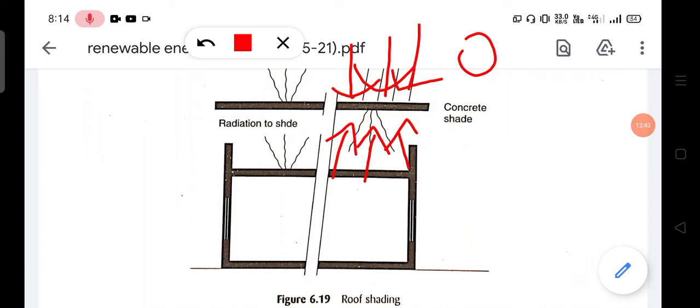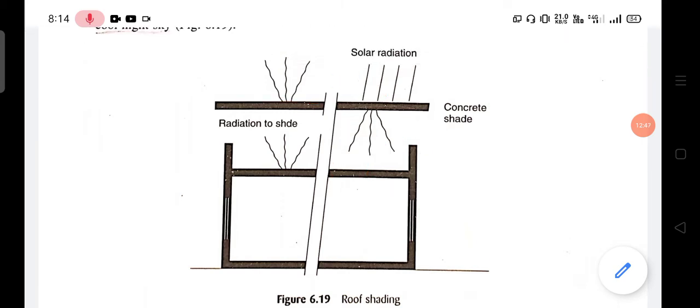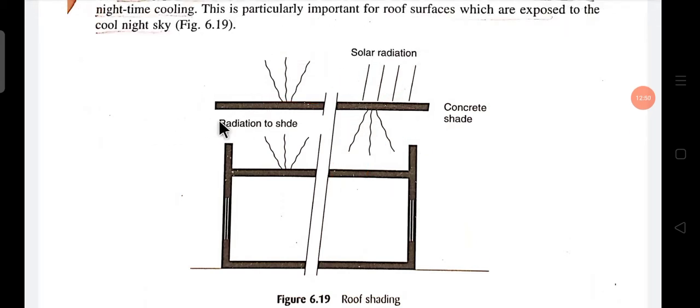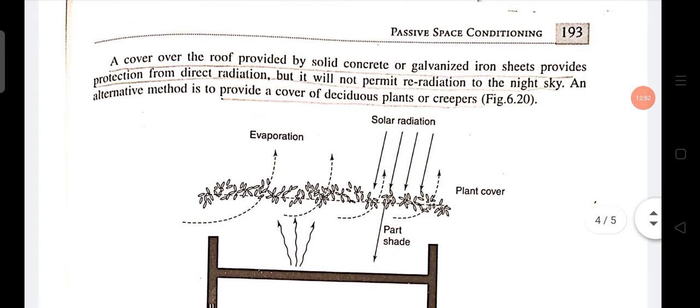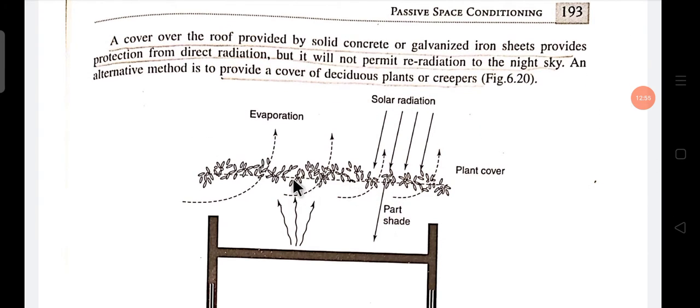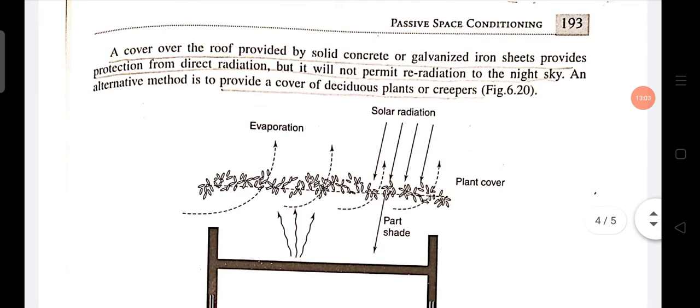And if we use movable shading, or plant shading, or deciduous plant shading, here we can stop or minimize radiation. One part of the radiation goes through, but the rest of the radiation is blocked.